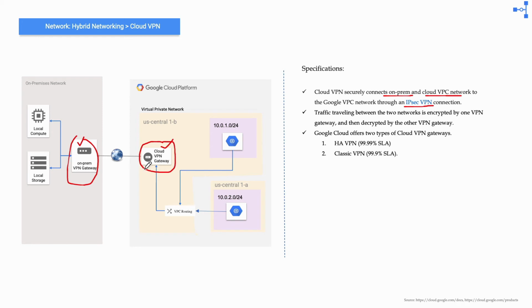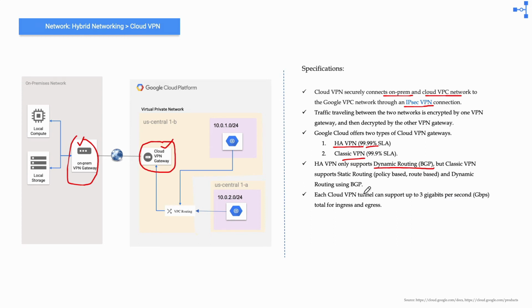Cloud VPN gateways, there are two options. High availability VPN, which has a higher SLA, and then you have classic VPN. High availability VPN only supports dynamic routing using BGP, but the classic VPN supports static routing and dynamic routing.